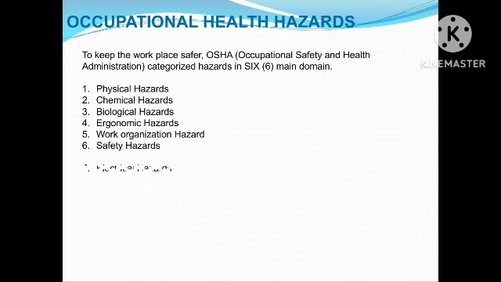So first, physical hazard. We'll see what is physical hazard. Basically, it is the type of hazard which can harm you even though you are not touching it. Means it is such type of hazard which is nearby you, whether you touch it or not, it will definitely harm you.